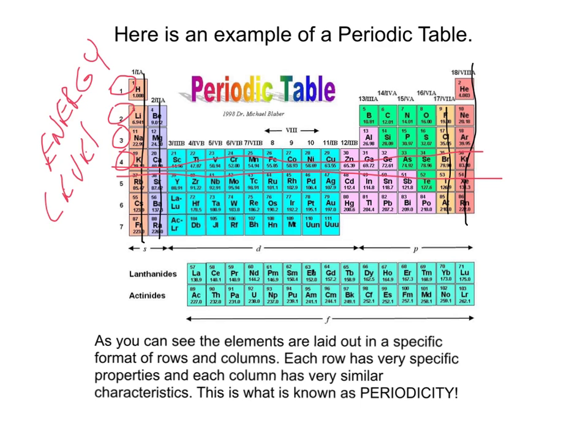Thus, everything in row 1 has one energy level, so it would look like with a nucleus here, and then it would have one energy level of electrons. If it was in the second row, then it would have two energy levels. And if it was in the third row, it would have three energy levels, and thus all the way down to where the maximum amount is 7.